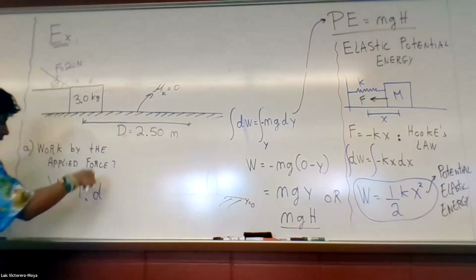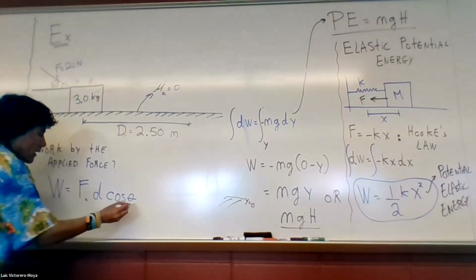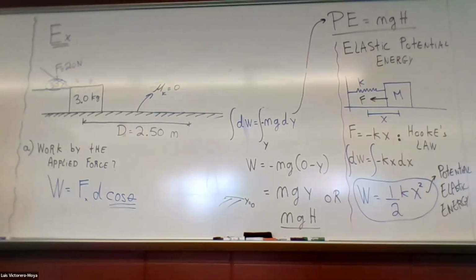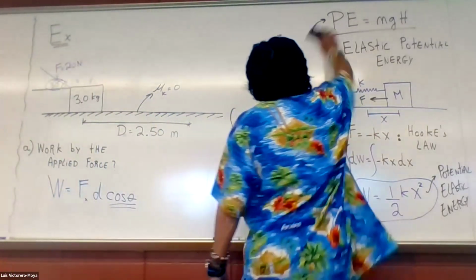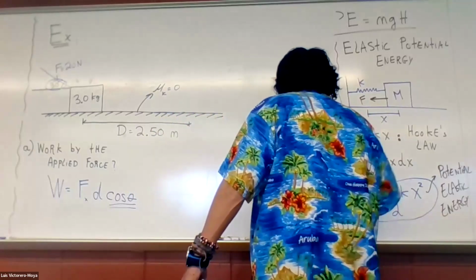In this case, it can just be the distance times the cosine of theta, where this theta is this angle here. Okay? So we just use that to find the work by the applied force.